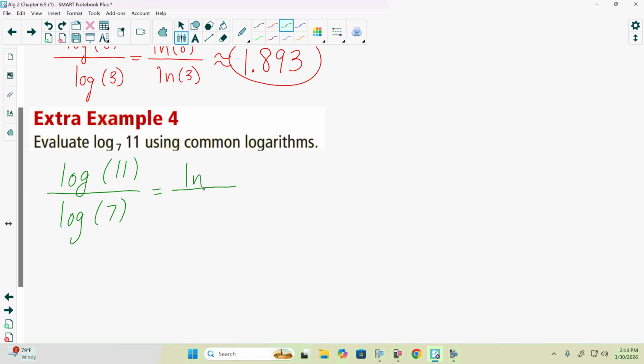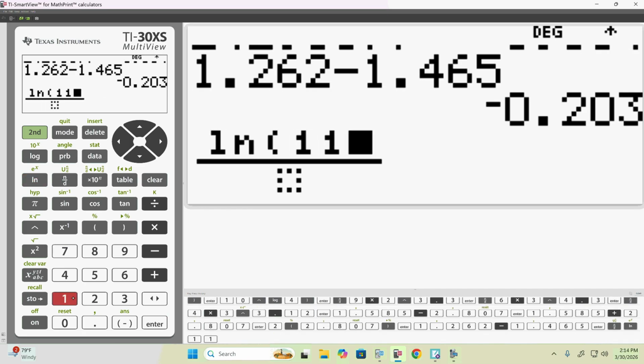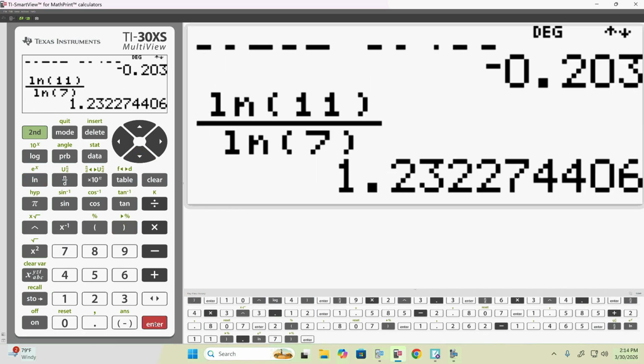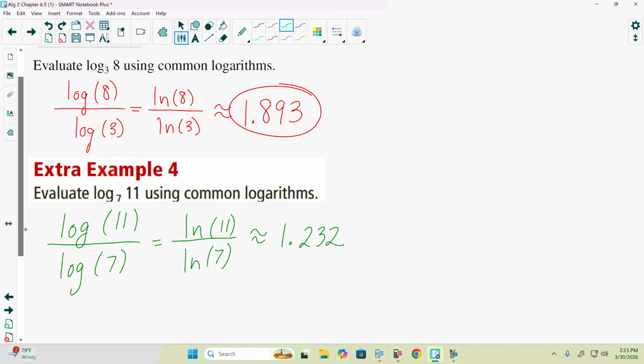Which is equivalent to the natural log of 11 over the natural log of 7, which is approximately going to be 1.232. Questions on this here? We're ready to look at the next ones.